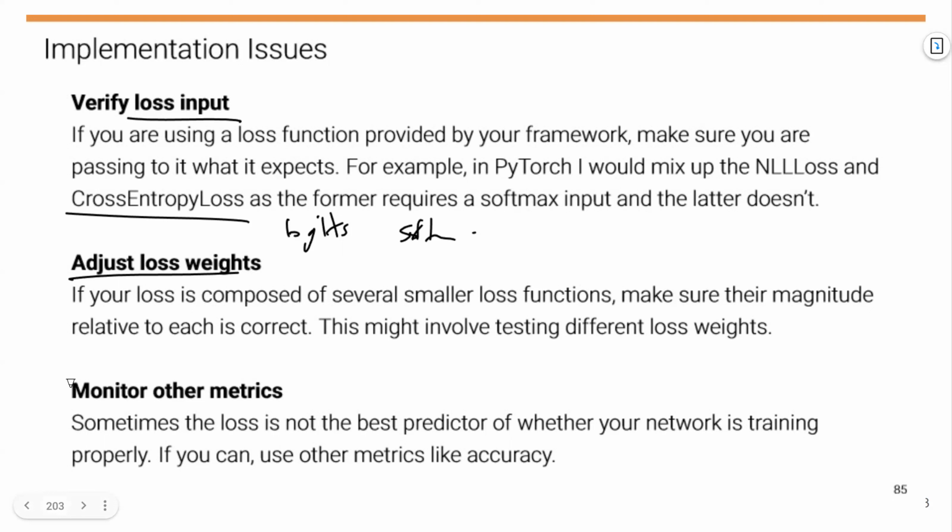And you better monitor other metrics as well, other than loss. And you also need to visualize other results. Therefore, other results might ring the bell that the training process is not going well.